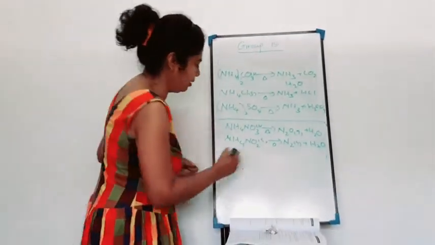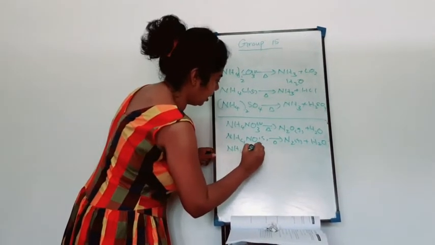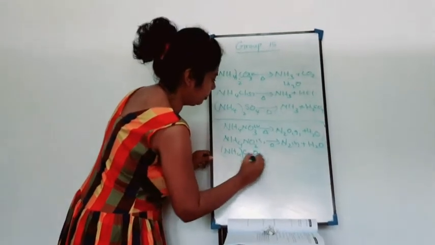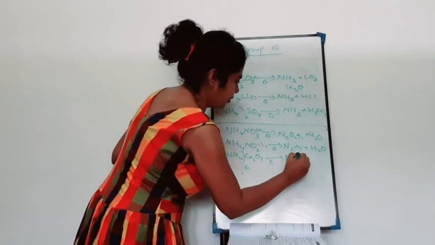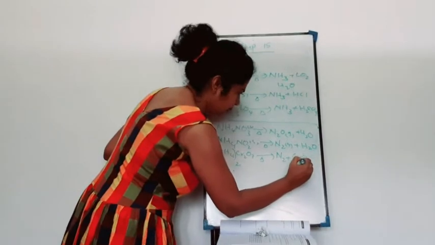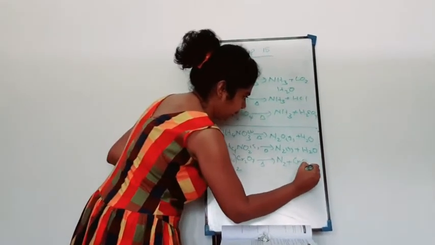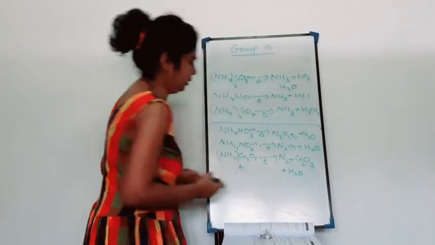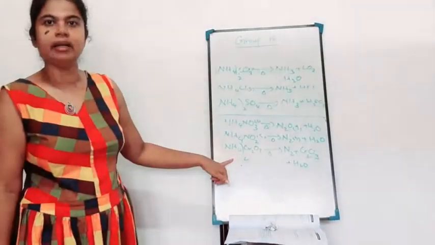Then we take ammonium dichromate, (NH4)2Cr2O7. The products are nitrogen, chromium oxide, dichromium trioxide Cr2O3, and water. That also gives a different product than ammonia.